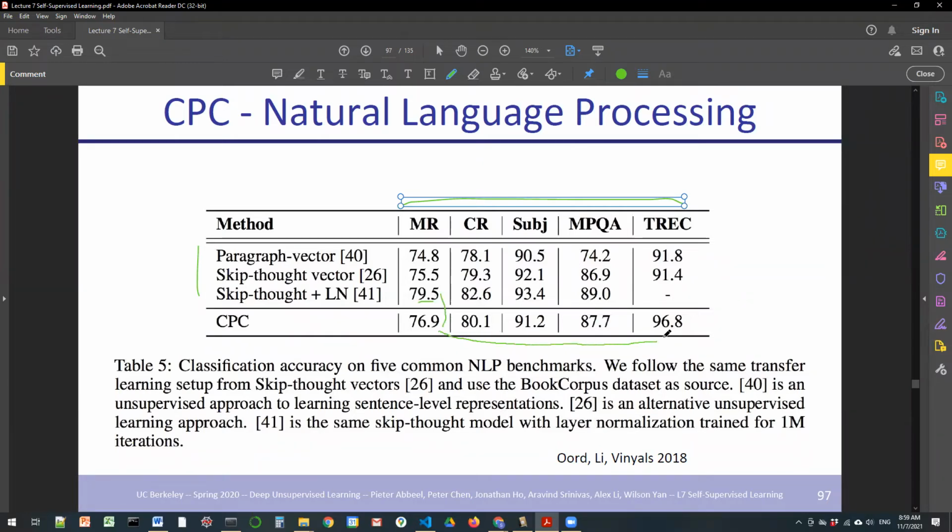But it holds up and is in the ballpark, in some cases the best, in several cases not, but in the ballpark of some of the other techniques. So it's good from the standpoint of this particular framework of CPC: we have seen it applied to audio and to images, and while it is not the best in NLP, it's also reasonably among the good techniques for text as well.